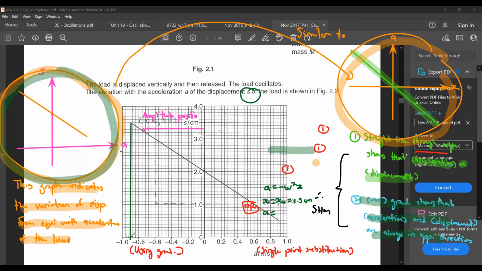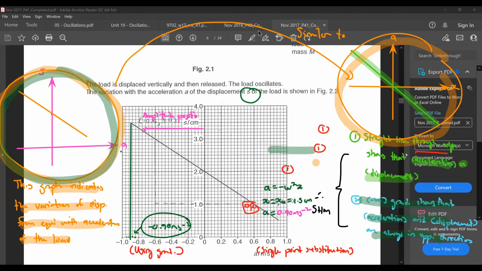This one is actually 0.88, sorry, 0.88 or 0.9. This one is negative 0.90 meter per second squared. Okay, you try to read it properly. So a here is supposed to give you a value of 0.90 meter per second squared, right?